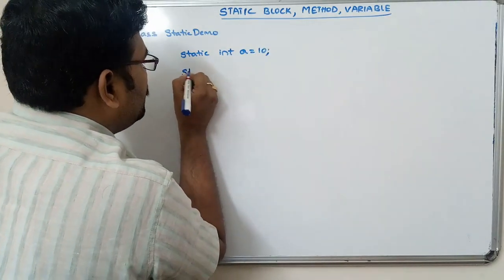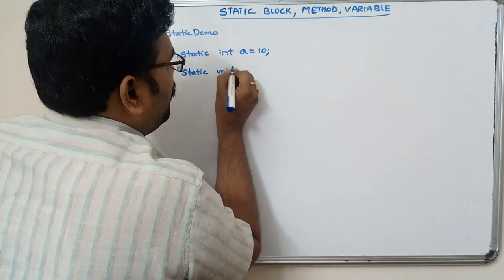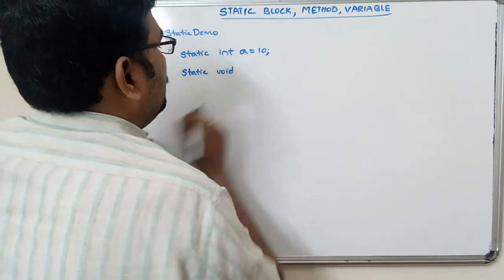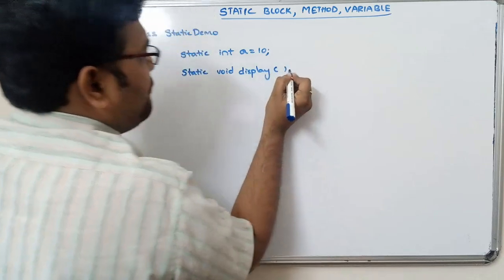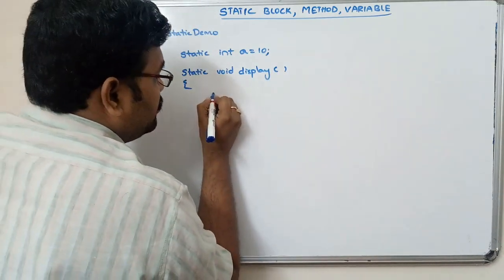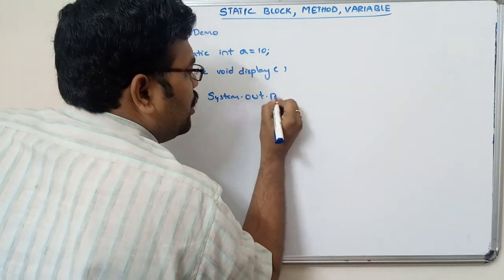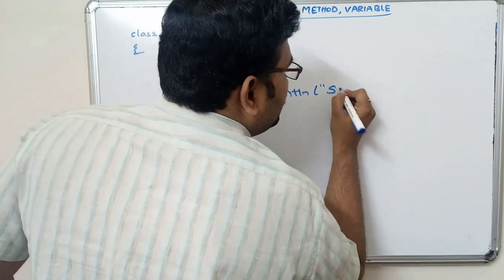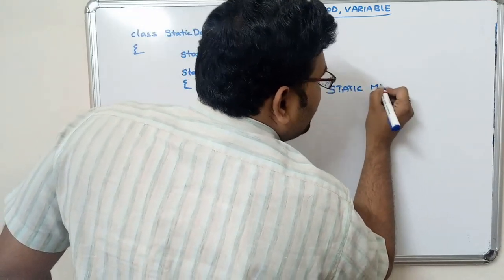Next, static void display, with System.out.println printing "static method".